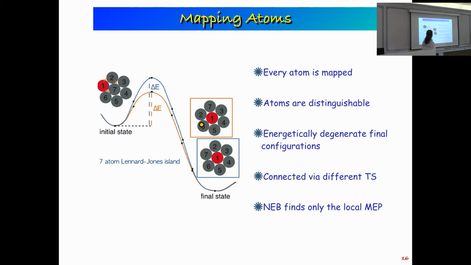But if you look at the numbering, they are different, and the pathway to go from here to the first solution and here and the next solution is different, because in one case it's just a switching between, so a rotational movement between these three atoms, and in the other case is a switching between 1 and 7. And the switching between 1 and 7 creates more distortion of the entire object, and the barrier is different.